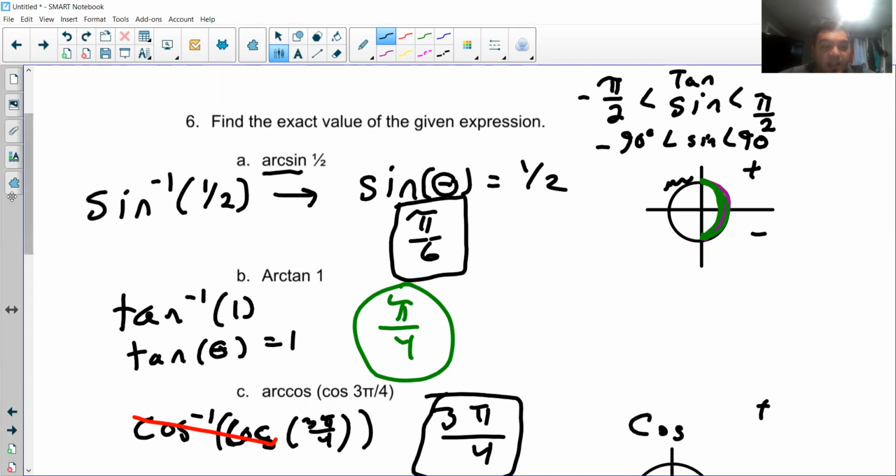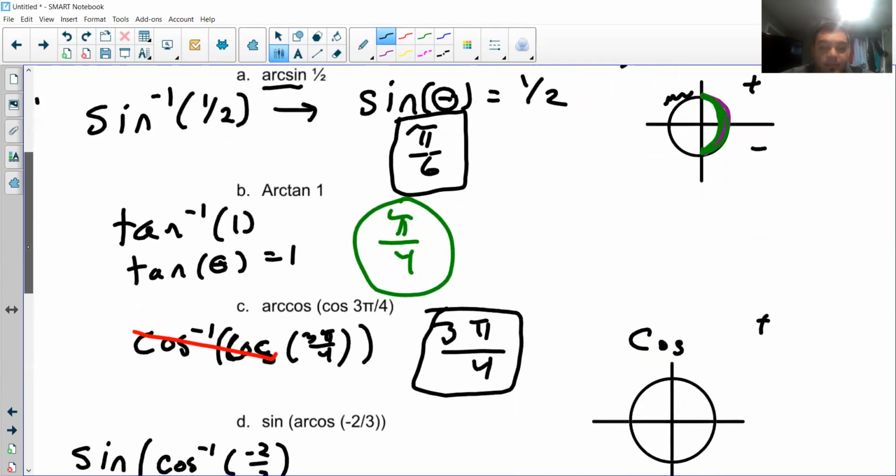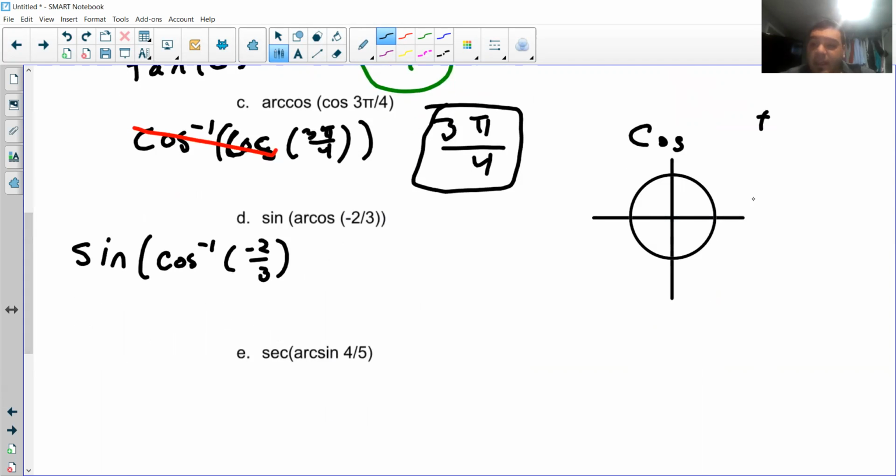Now, in cosine though, the issue is we have a positive and a positive here. That kind of sucks. So we cannot use from negative 90 degrees to positive 90 degrees because they're both positive, so that doesn't help us. Instead, we're going to use the second quadrant because that's where cosine is negative.